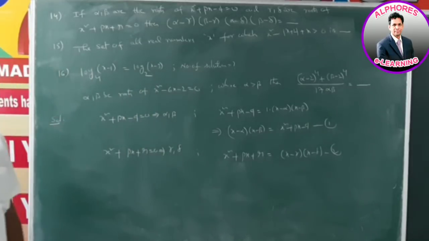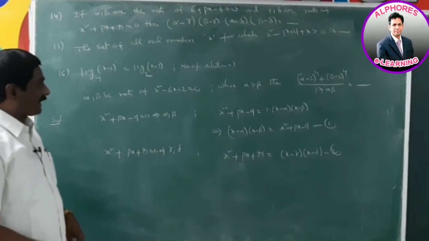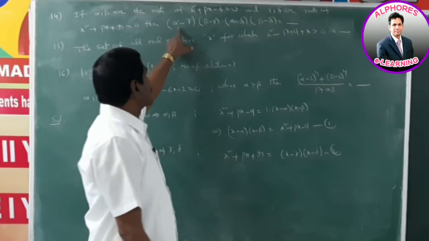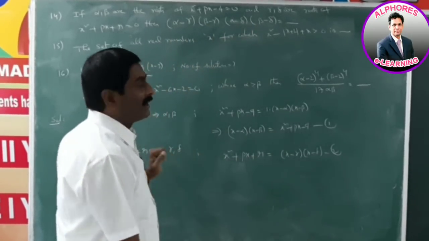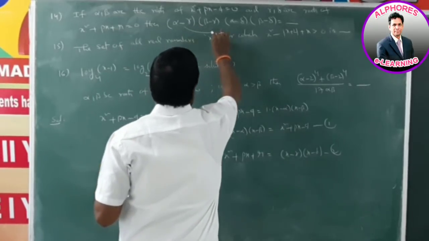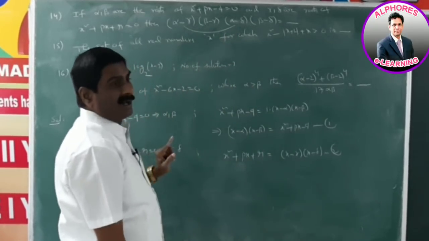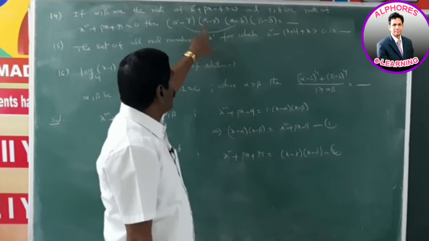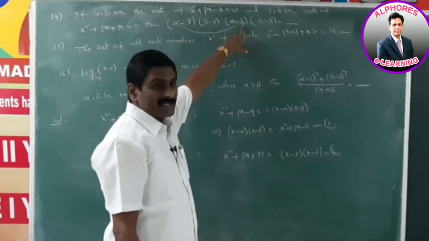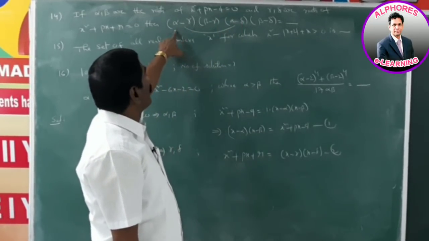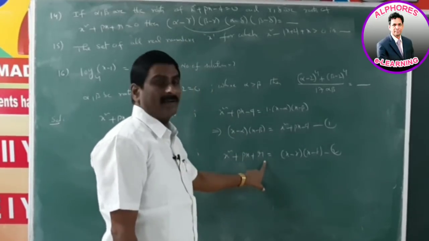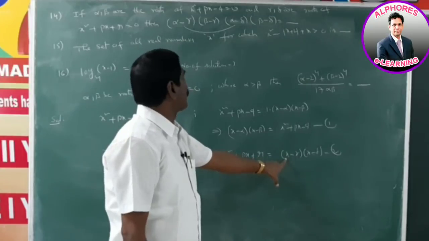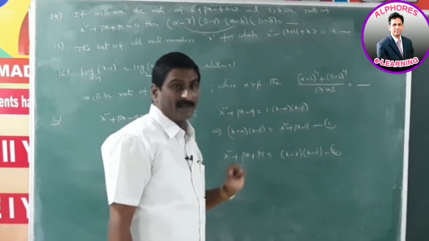Okay. But the required value is (alpha − gamma)(beta − gamma)(alpha − delta)(beta − delta). Suppose we consider the first and third terms, (alpha − gamma)(alpha − delta). That means put x = alpha in the second equation, we get (alpha − gamma)(alpha − delta).